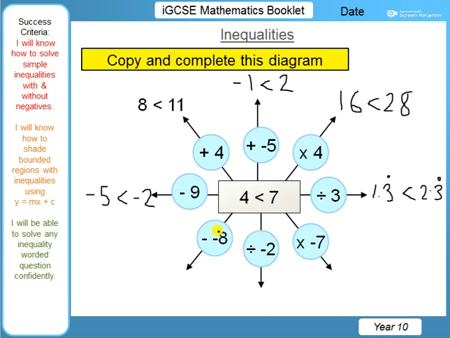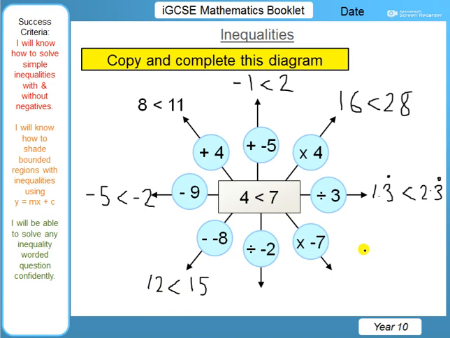Okay, our next one down here, 4 minus -8, well, 2 minuses make a plus, so we get 12, and 7 minus -8, that will equal 15, and again 12 is definitely less than 15.